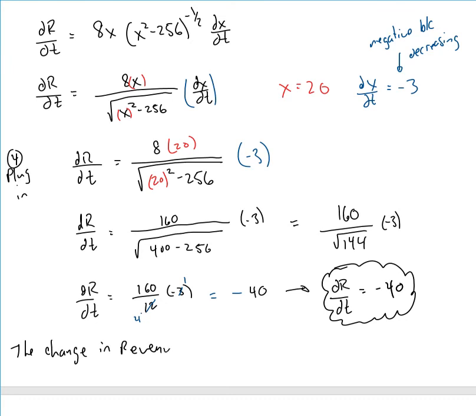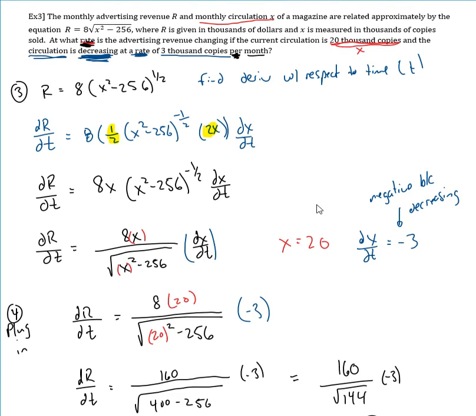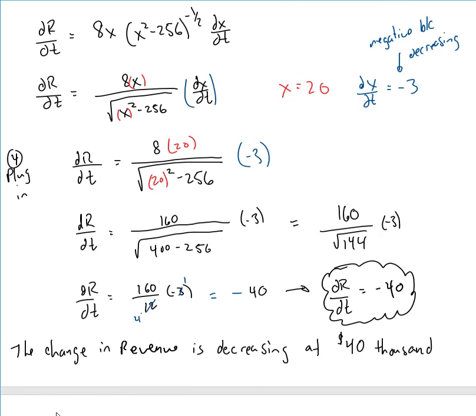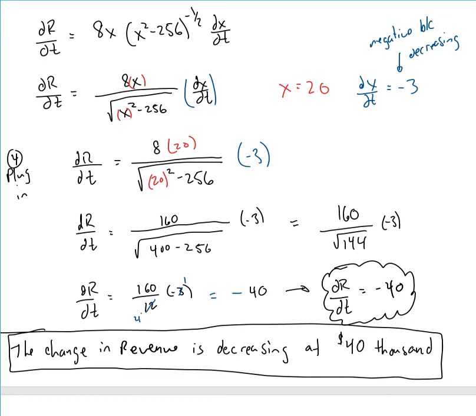Because this is negative, we would say the revenue is decreasing at $40,000. Let's just write 40 and then put the word thousand. So the revenue is decreasing at $40,000 when x equals 20,000 and dx/dt equals negative 3. So the rate in these subscriptions is decreasing, which means the revenue is also decreasing. That makes sense there.